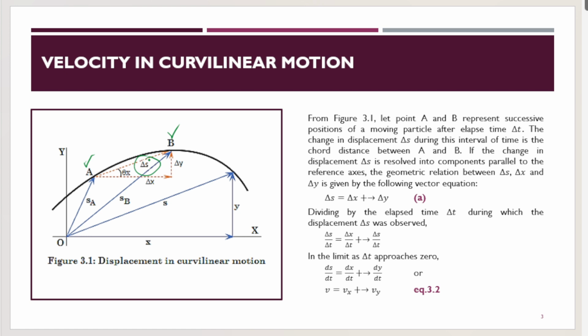That is, delta S is delta X plus the horizontal component of delta Y. Dividing by the elapsed time delta t, we arrive at equation 3.2, wherein we derive that ds over dt is equal to dx over dt plus the horizontal component dy over dt, which is the same as the velocity from earlier, that is v sub x plus the horizontal component of v sub y.